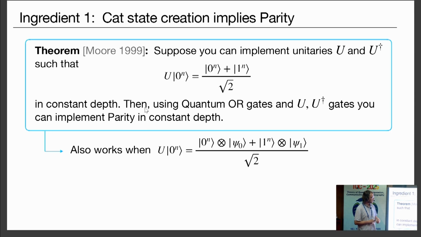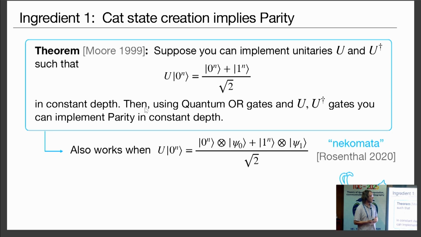It turns out that if you can prepare this state, this is sufficient to compute parity, in this Moore style. This was observed by Rosenthal in the same paper I just mentioned, and he terms these nekomata states, which is quite a fun term. I think it's a Japanese folklore term for a two-tailed cat spirit.